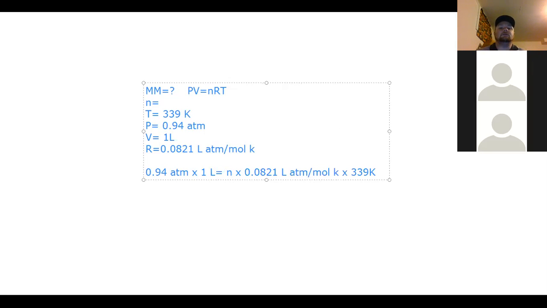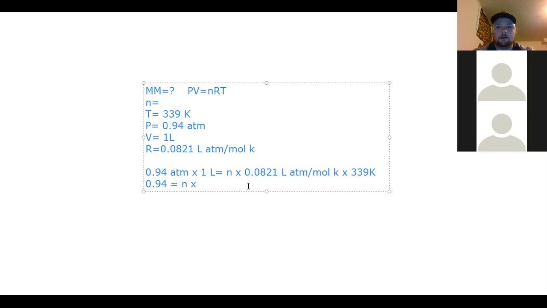Okay, and so what I'm going to do next is essentially multiply everything on this side, that number is going to be equal to n times, and we'll multiply those other two numbers, 0.0821 times 339.